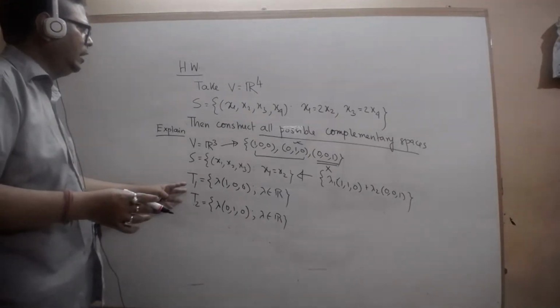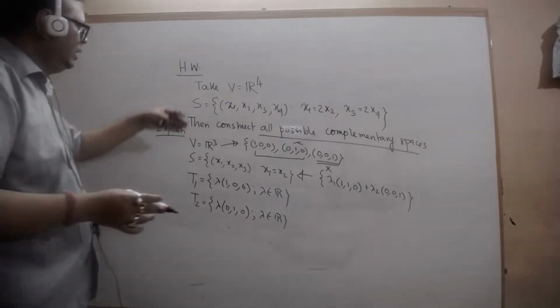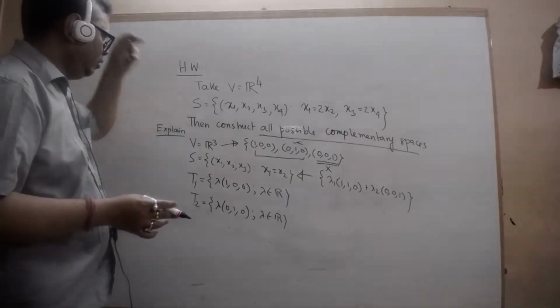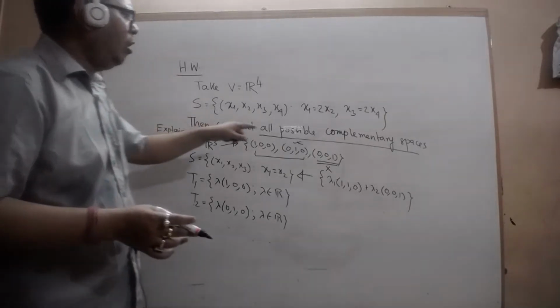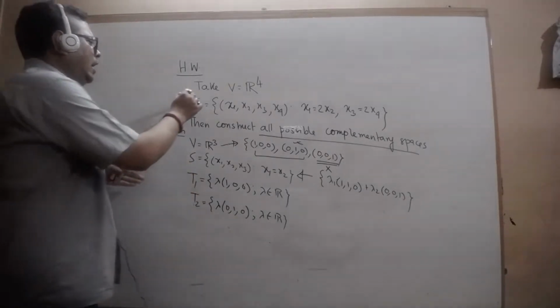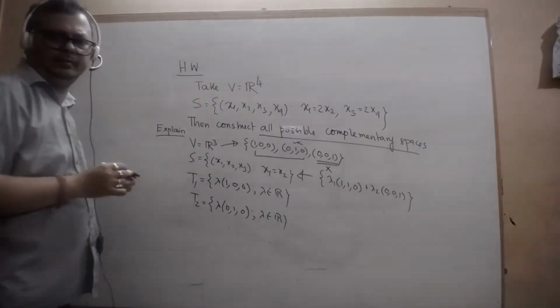So in this homework, your problem is to construct all possible complementary spaces Ti, where your S is like that.